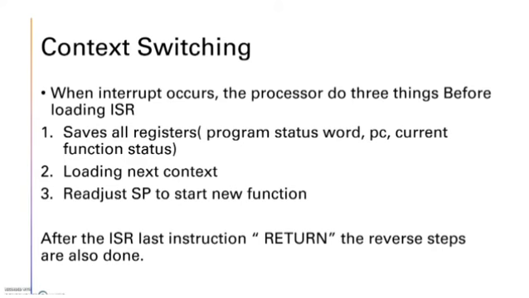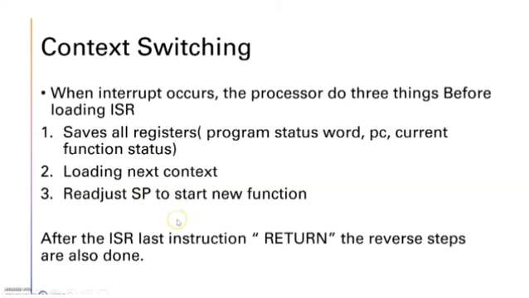And on completing the ISR, that is when it is encountering the last instruction, the return of ISR, it will again restore the data from the stack. It will load the previous program, that is its context, it will reload, and also it will adjust the stack pointer.